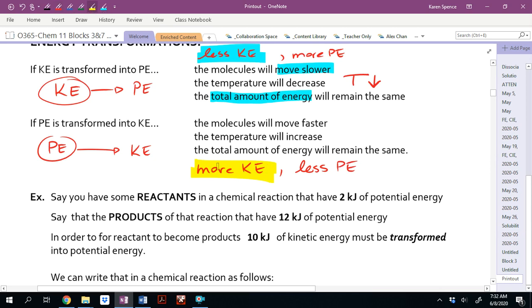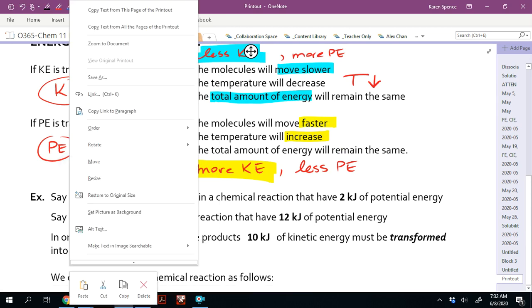Remember, temperature measures the amount of kinetic energy, so the temperature is going to increase. If we have more kinetic energy, we have more motion, that means the molecules are moving faster. And the total amount of energy, because we have more kinetic but less potential, is going to remain the same.